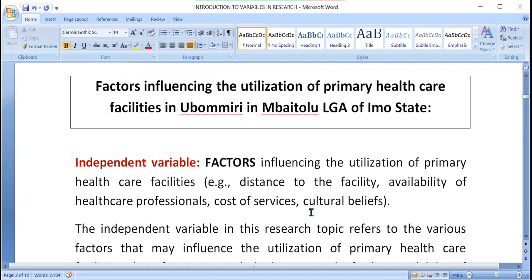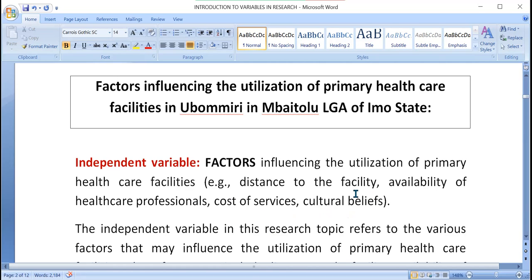It could also be cultural belief. So where the culture is against utilization of primary healthcare facilities, the people have low utilization. Where the culture influences the way they think about modern medicine, there will be low utilization. But where the culture supports it, there could be higher utilization.